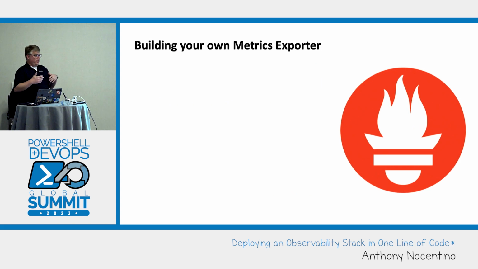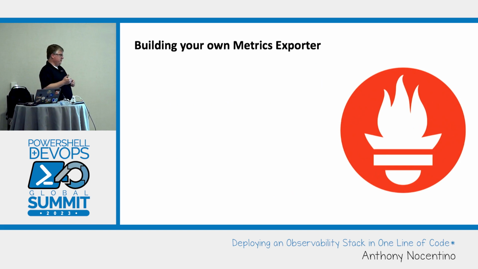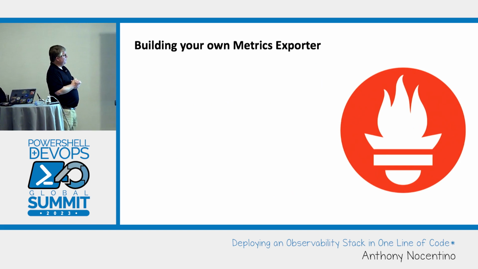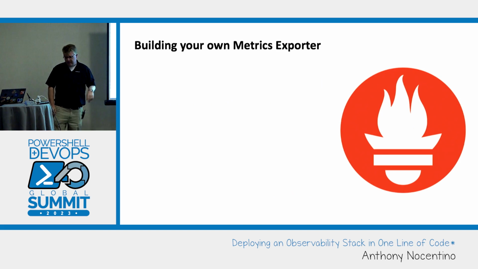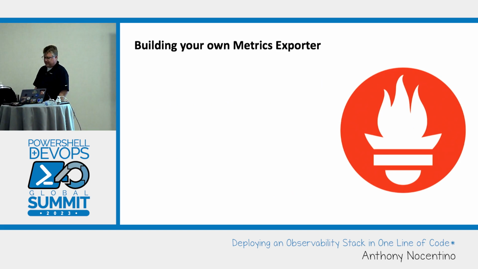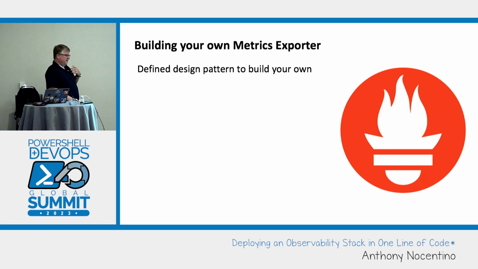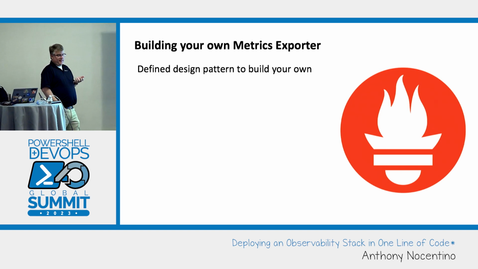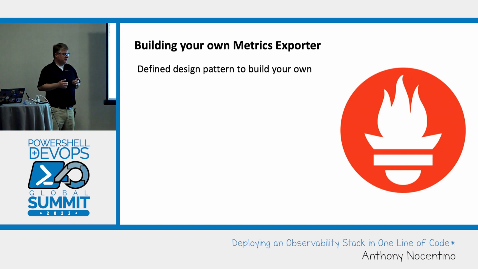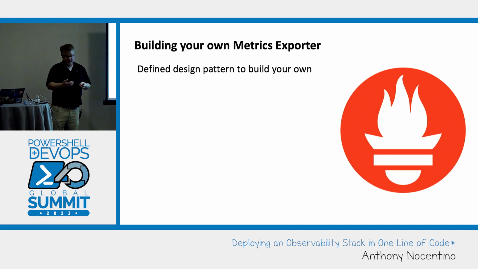So let's kind of zoom in on what we did inside of Pure, more specifically Eugenio Grosso, one of our FSAs in Italy. And so there's a design pattern from Prometheus. When I say design pattern, kind of in the programming sense, that tells you how to go and do this thing, right? Our devices expose performance metrics via the APIs, right? So we can ask for an object, and in that object will be the properties of that thing, and in that thing will be some performance metrics that can be emitted.